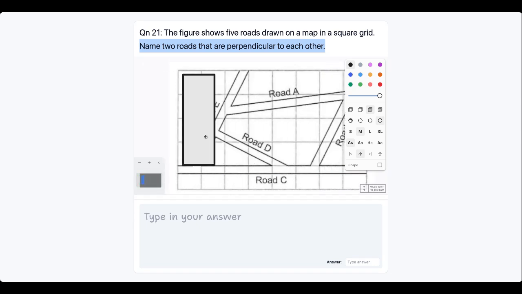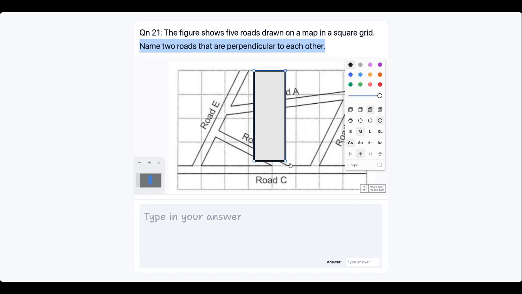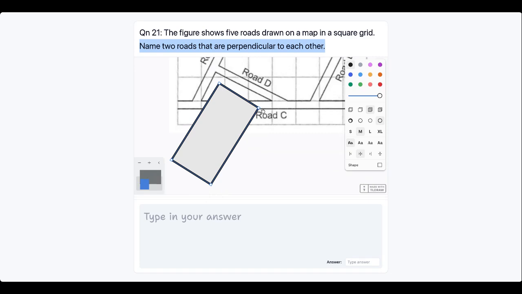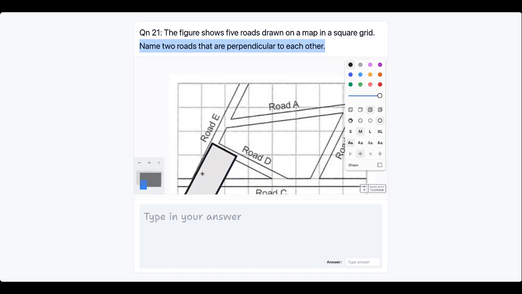So road C is not perpendicular to anything. What about road B? Okay, so you have road D. I'm going to align nicely. So road D is perpendicular to road E.